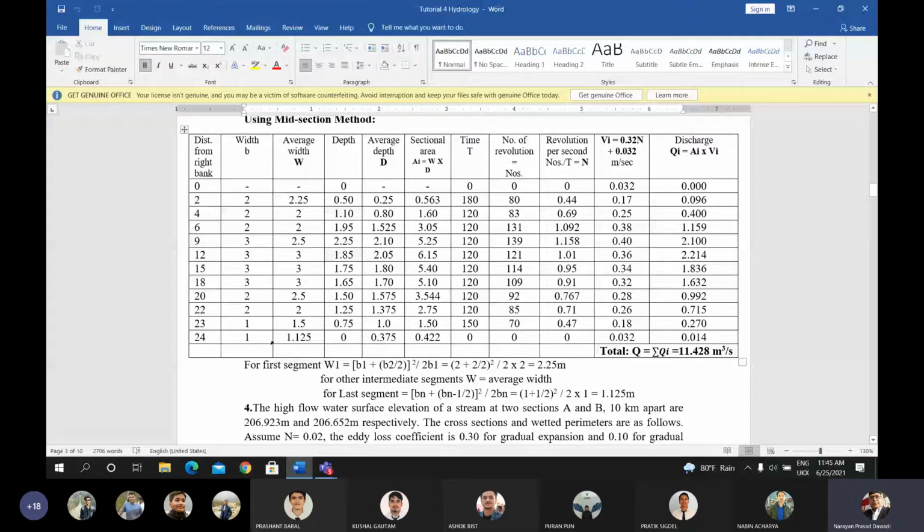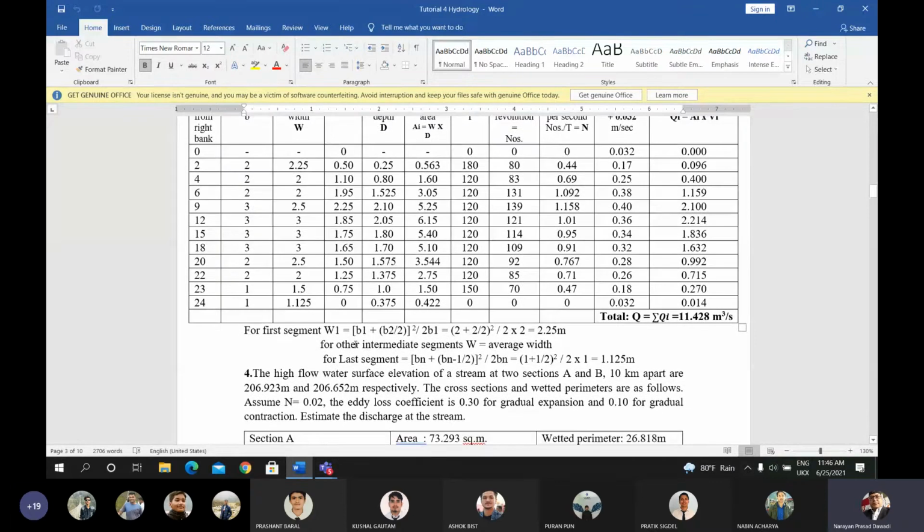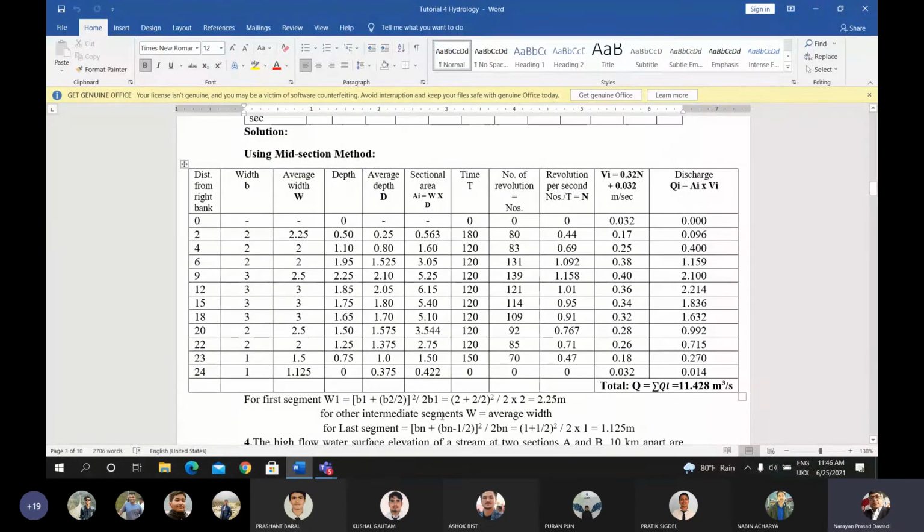Okay. Now the average width is calculated for the first segment. The first width is 2 and the second is 2. So the width is (2 plus 2) by 2, whole squared, divided by 2 into 2, and you get the value of 2.25. For the first segment, W1 is (B1 plus B2) by 2, whole squared, divided by 2 B1.